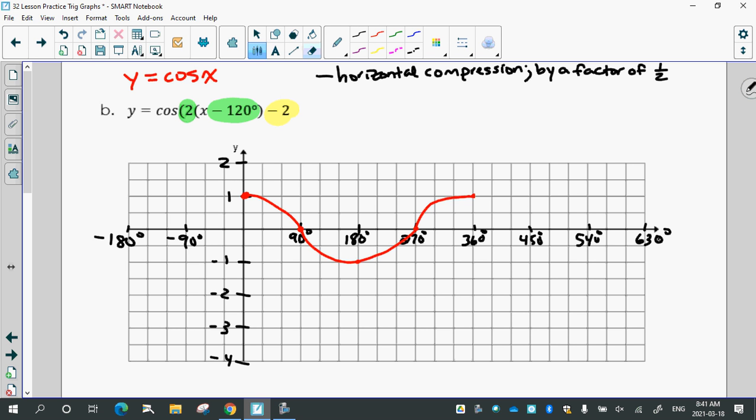What about the -120 degrees inside the brackets? What would be the words for that? Seth? Yes, horizontal shift, right, not left though.